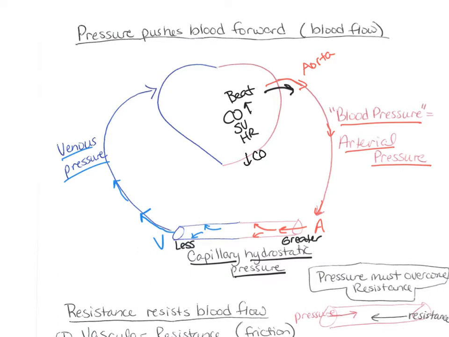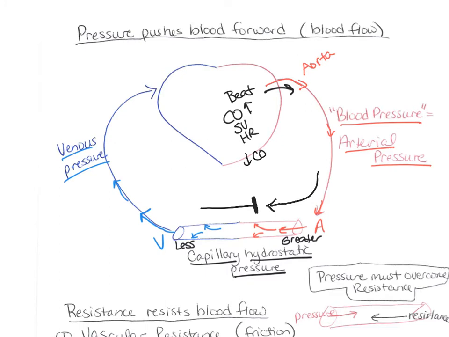Pressure and resistance affect the flow rates of blood through the capillaries. So we have to look at both. Pressure is anything that is pushing the blood forward, and resistance is anything that is opposing that and trying to slow down that blood flow.